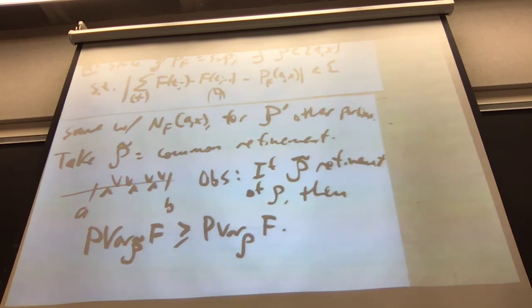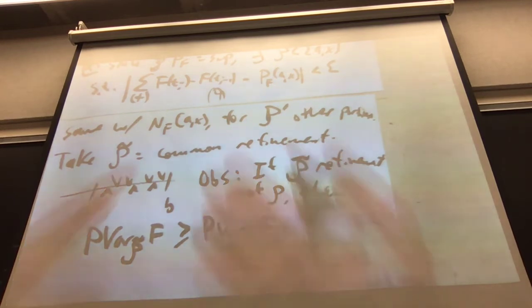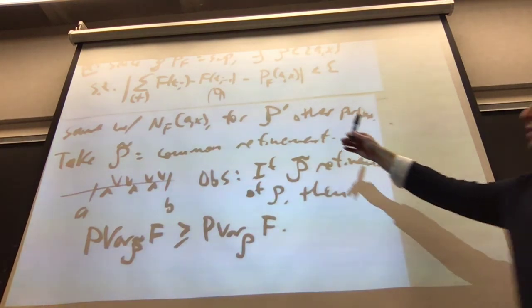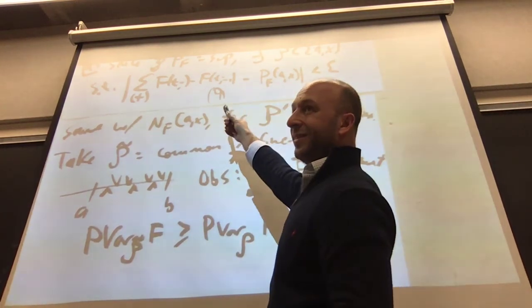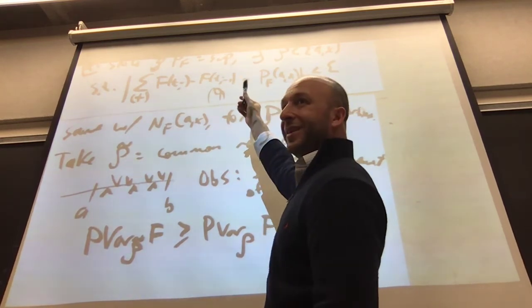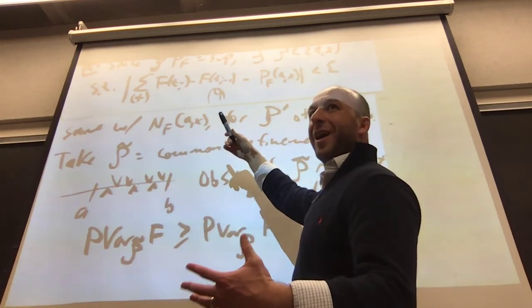Okay? So then you're basically done, because you have a common partition that gets within epsilon of the plus part and the minus part.